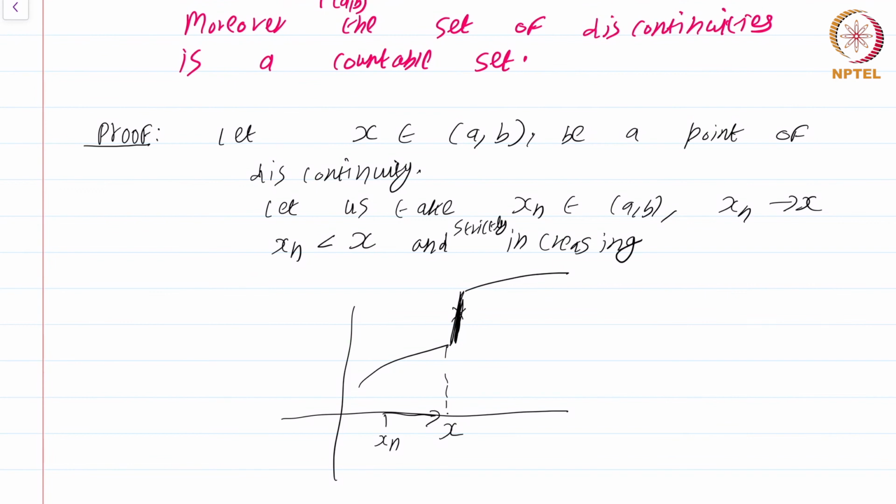It cannot be here, it cannot be here. So essentially f of x is sandwiched between the jump, and this jump has to be at least 1 by k because the oscillation at that point is 1 by k, and f of x is not going to contribute that much oscillation.